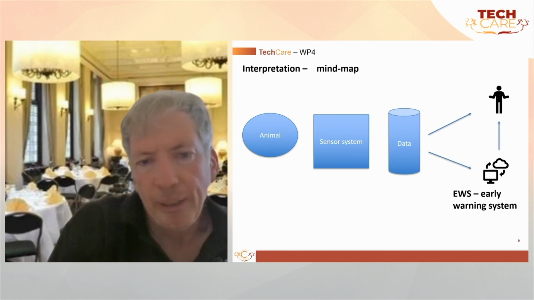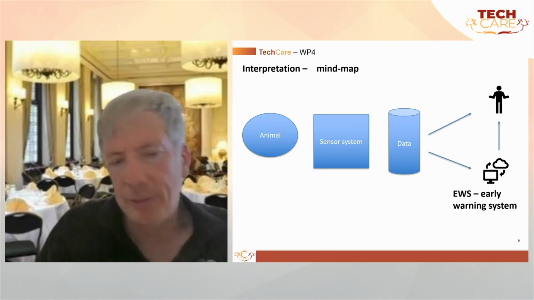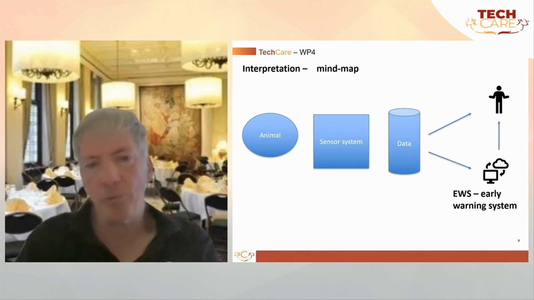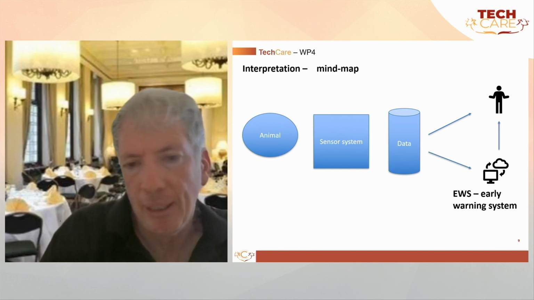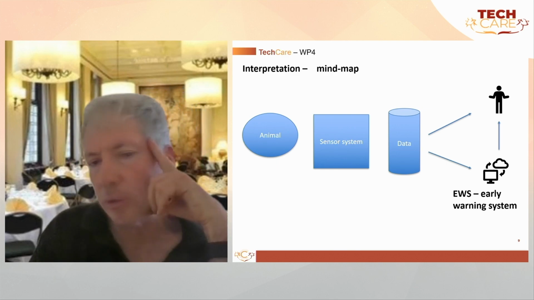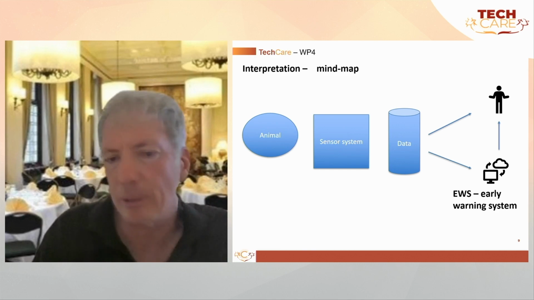Yes. Here, the idea in this slide is that there is an animal, and we measure by the sensor one thing or many things. This is a question on the design at the beginning of the project. There is data, and there are two options: automatic early warning systems that bring the information to the farmer, or, when we are not ready yet with the early warning system, we show the information to the farmer and he does the interpretation by himself.